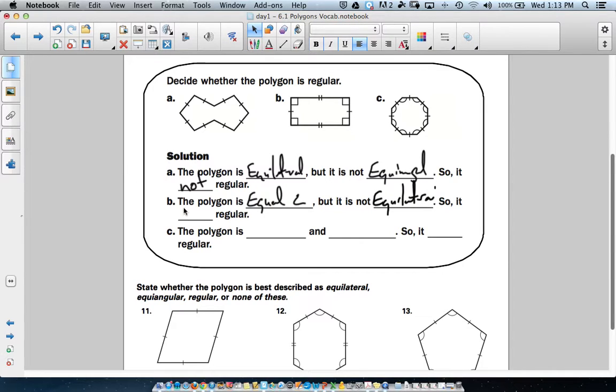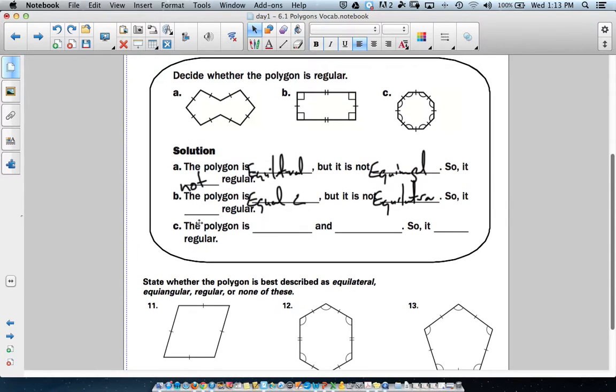So it is not a regular polygon. Wow, that's a mess. I don't know what happened there. So it is not a regular polygon. The last one is a regular polygon, as you can see by the markings. All sides and angles are equal, so it is a regular polygon.